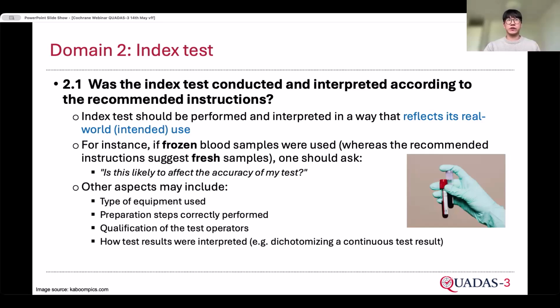Now, sample collection is just one aspect, of course. Other aspects that you might want to look at are the type of equipment that is used, how the test was prepared, or who are the people actually carrying out the test, and if it has a continuous test result, how it was dichotomized.